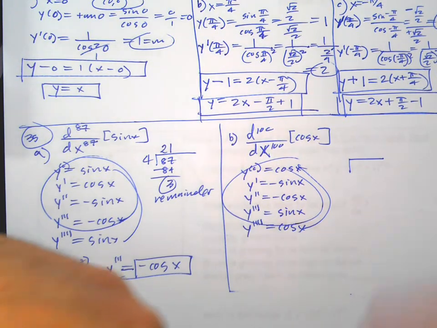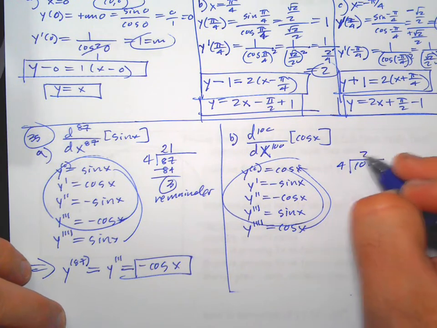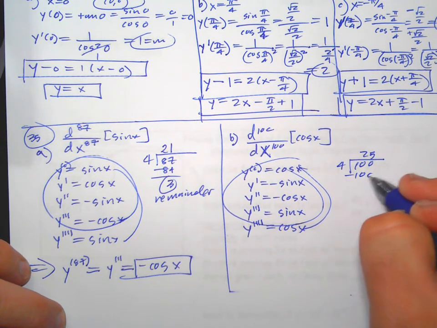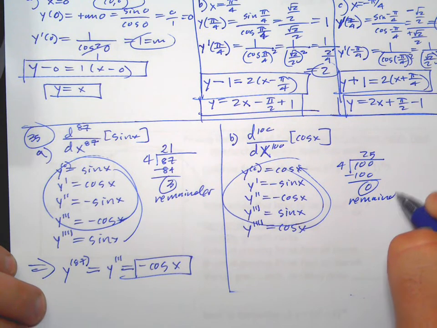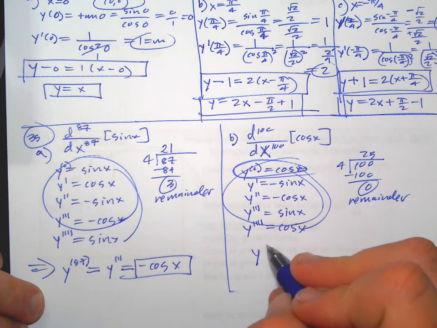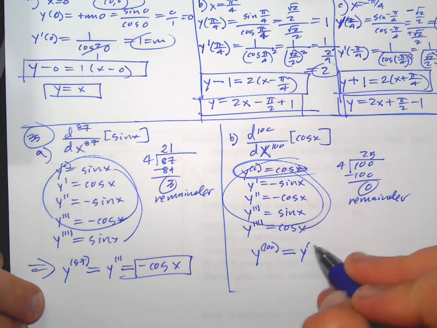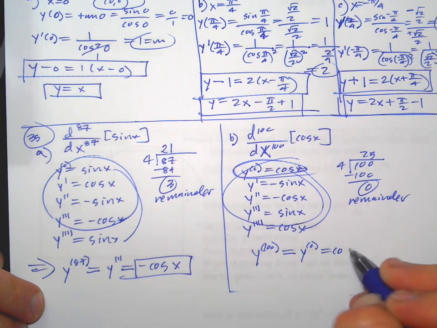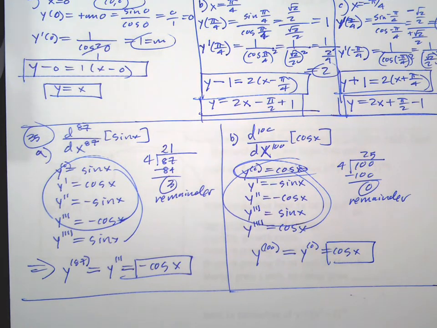Repeating groups of 4. 100 divided by 4 is 25. Remainder is 0, which means it's the same as the 0th derivative. So the 100th derivative is the same as the original function. That's it. Man, bit of work. Good practice.